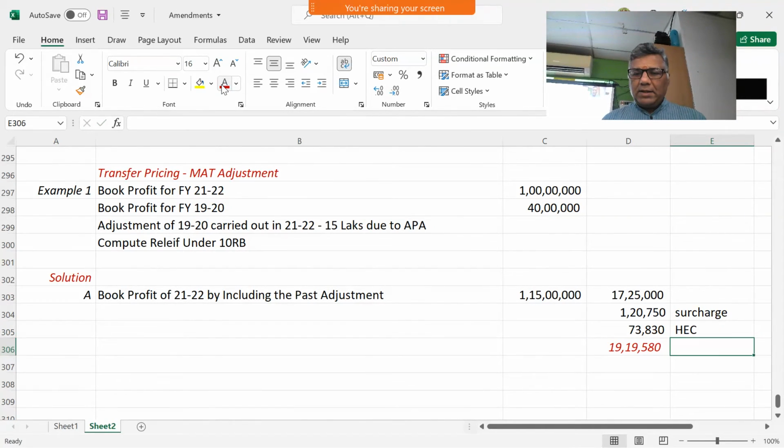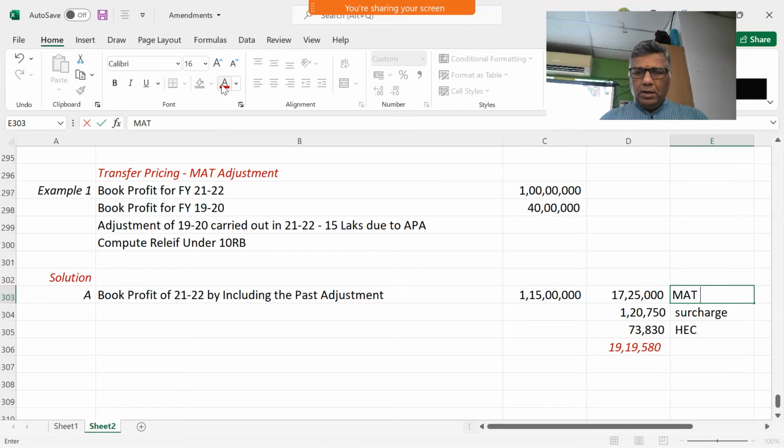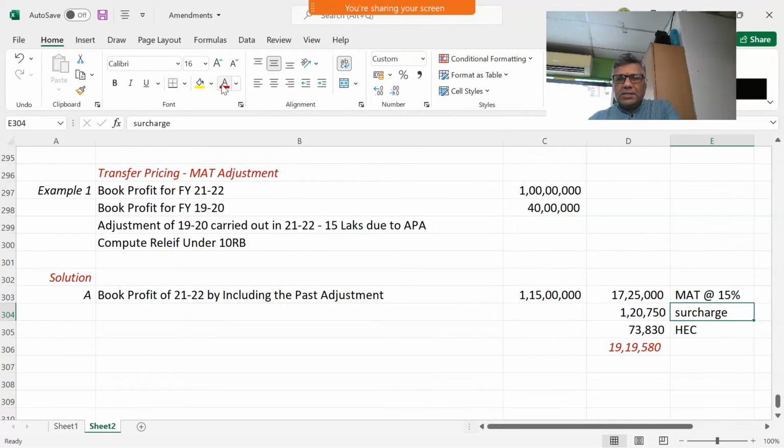MAT 15%, add surcharge, add HEC. Are you clear? Okay. Right.